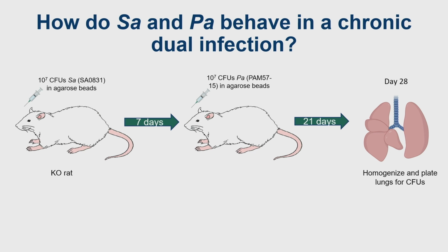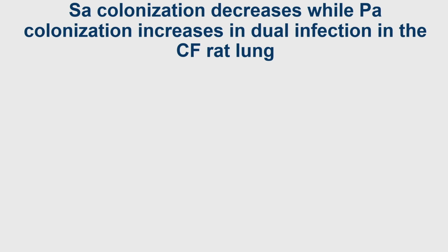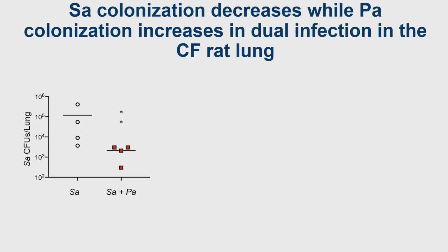At the end of the 28 days, we homogenized and plated the lungs for CFU. What we found is really interesting. First, unsurprisingly, you do see a bit of a decrease in Staph colonization when it's in a co-infection with Pseudomonas compared to when it's alone. That's not super surprising because, as I mentioned, Pseudomonas is antagonistic to Staph.